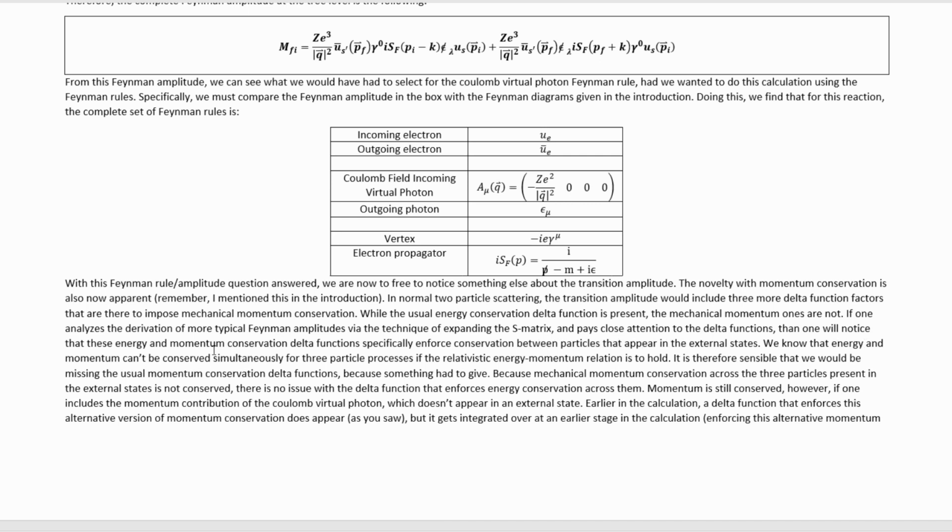We know that energy and momentum cannot be conserved simultaneously for 3 particle processes if the relativistic energy-momentum relation is to hold. It is therefore sensible that we would be missing the usual momentum conservation delta functions, because something had to give. Because mechanical momentum conservation across the 3 particles present in the external states is not enforced, there is no issue with the delta function that enforces energy conservation across them.